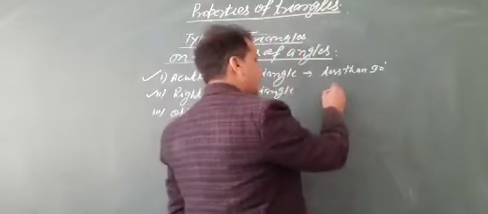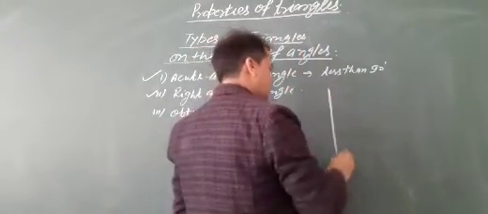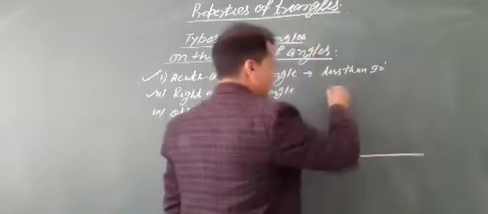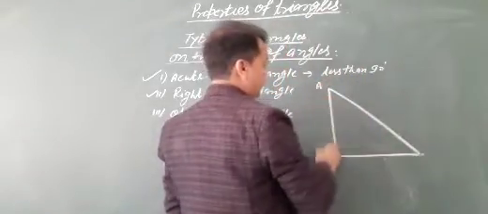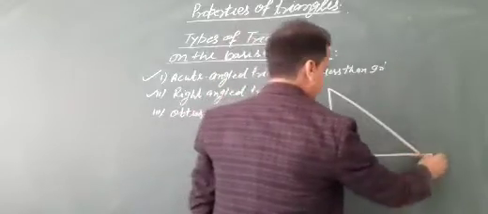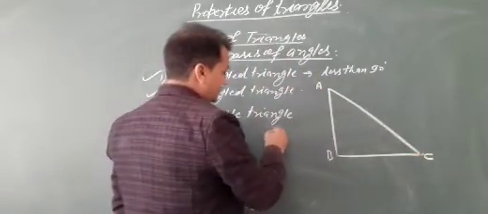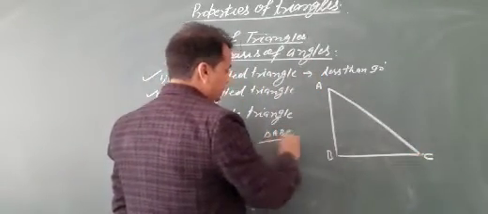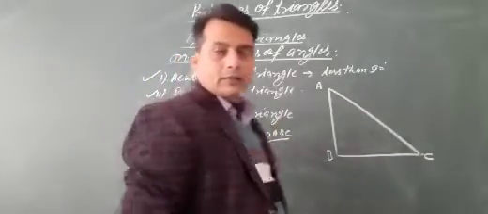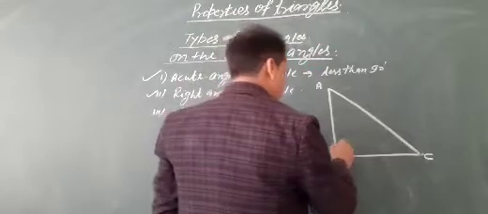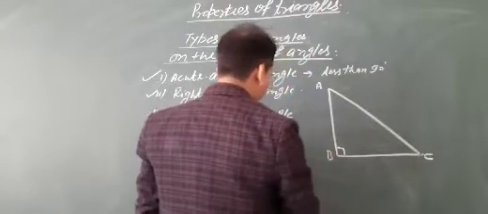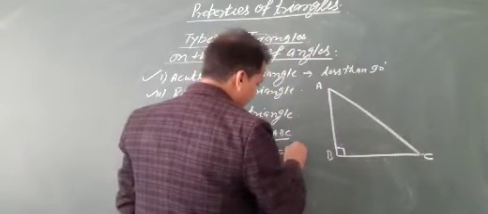Suppose that here is triangle ABC, and in this triangle the angle B is equal to 90 degrees.